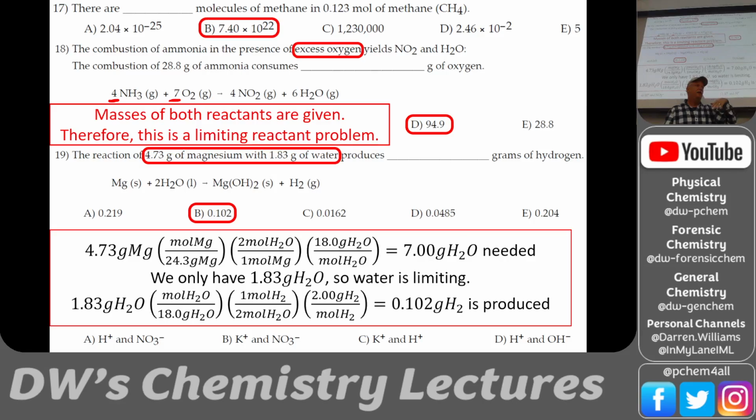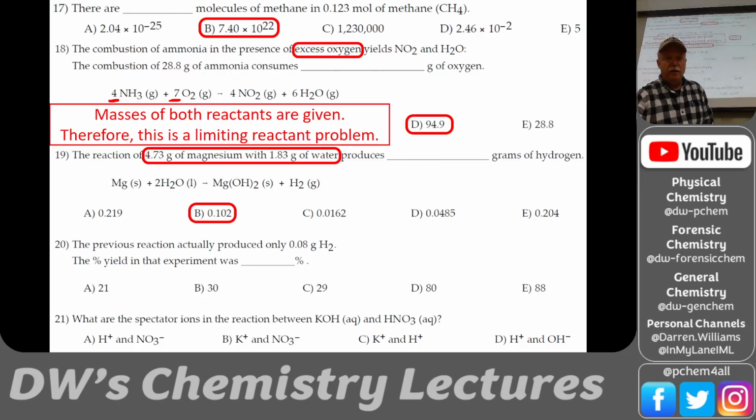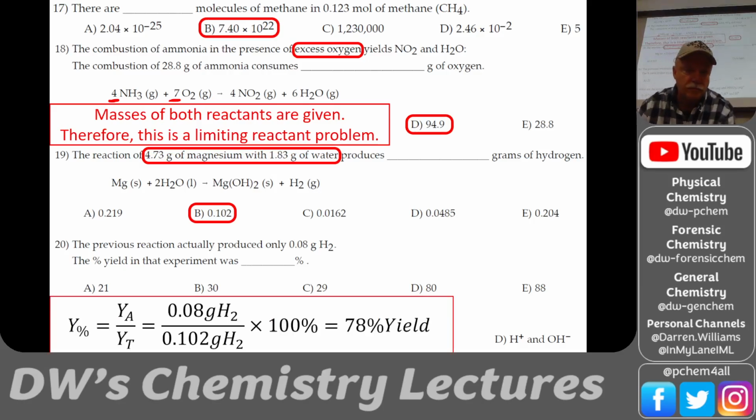And then the actual yield might be 0.9. In fact, the next question is it's 0.8. So this reaction actually produced 0.08. Where is it? Right here, 0.08 grams of hydrogen. So what's the percent yield? Well, the percent yield is the actual over theoretical.